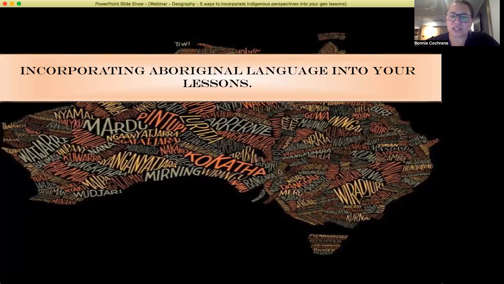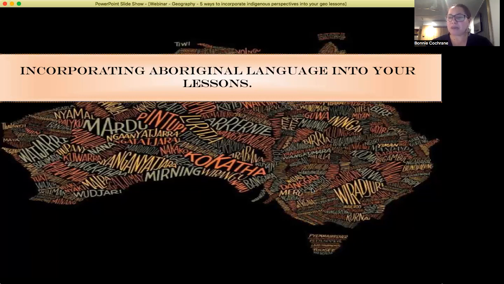So you could look at the language map. You could research local Indigenous sites and their names. When you're looking at geographical locations, you could start with your hometown or the city that you live in. So, that local perspective.